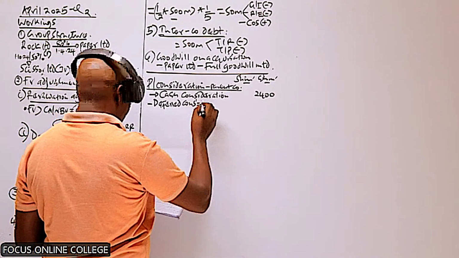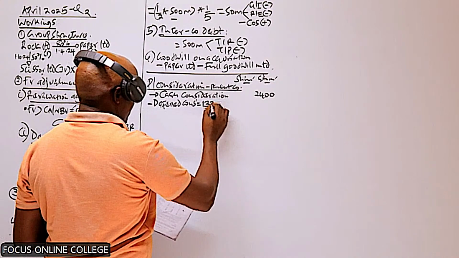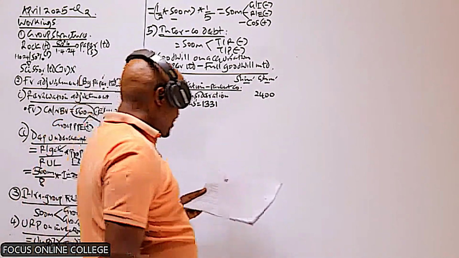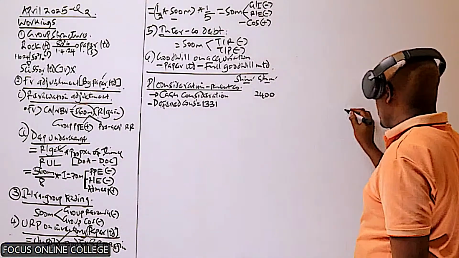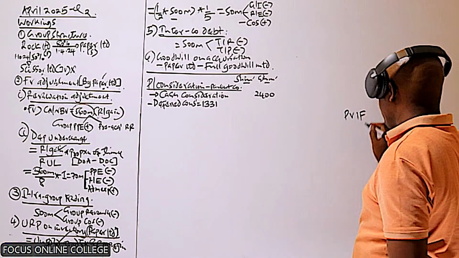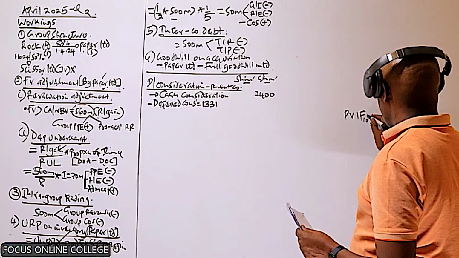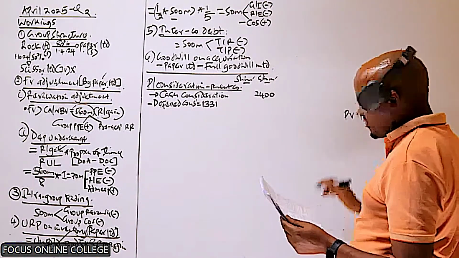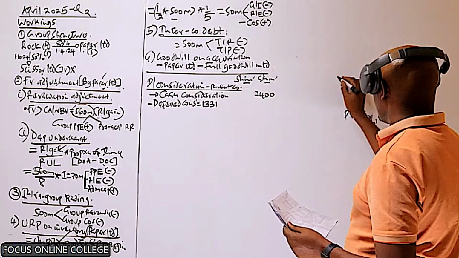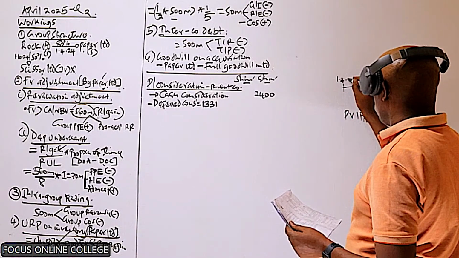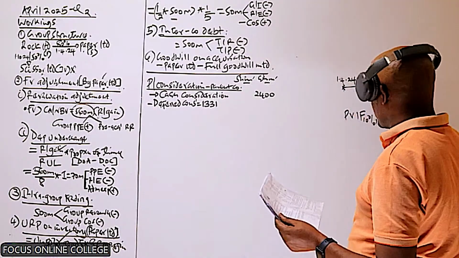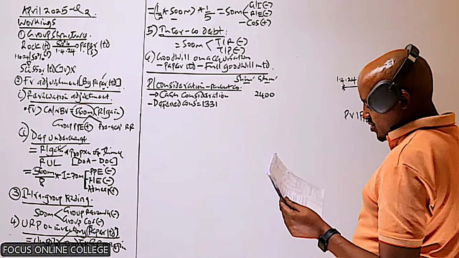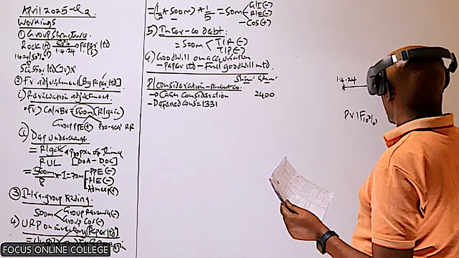So we will take 1,331 and discount it to the present value by multiplying with the present value interest factor at the rate of 10%. For how many years? The date of acquisition is 1st April 2024, and that consideration will be paid on 1st April 2026.